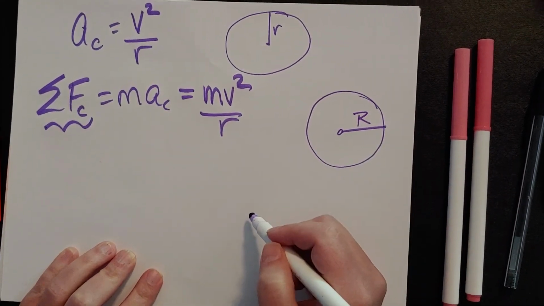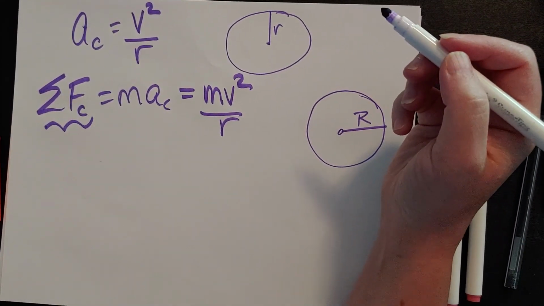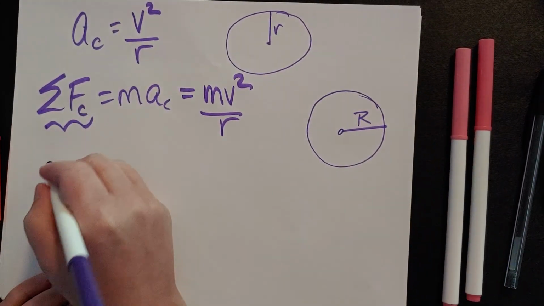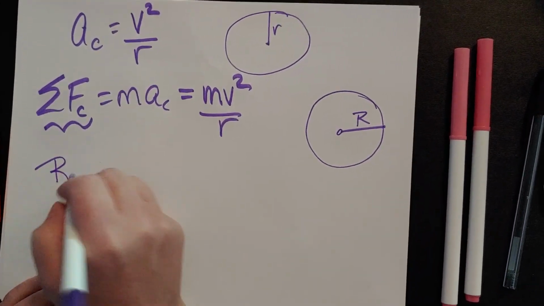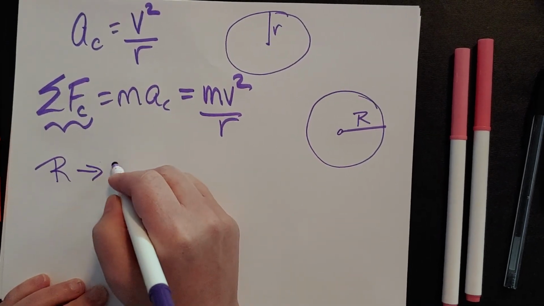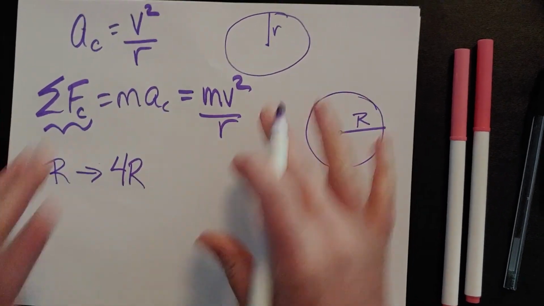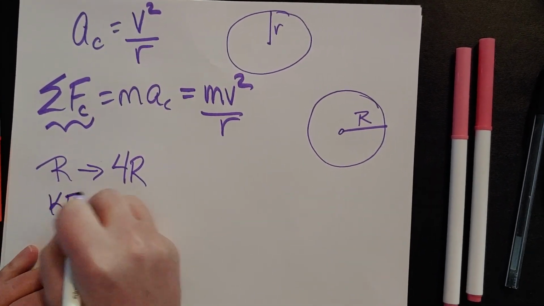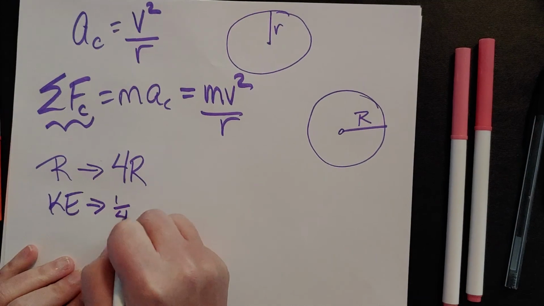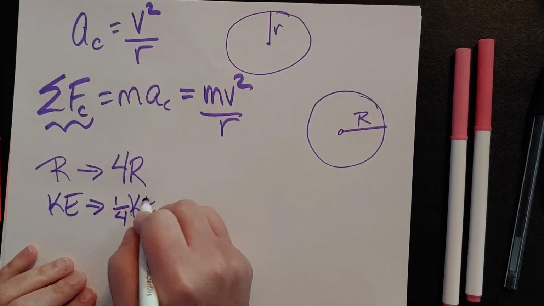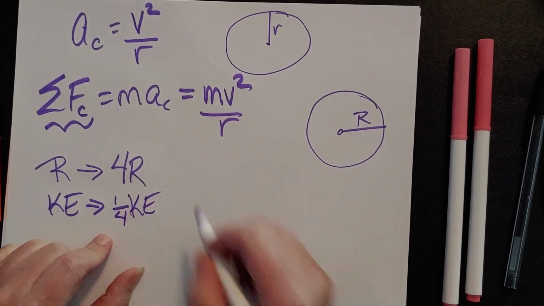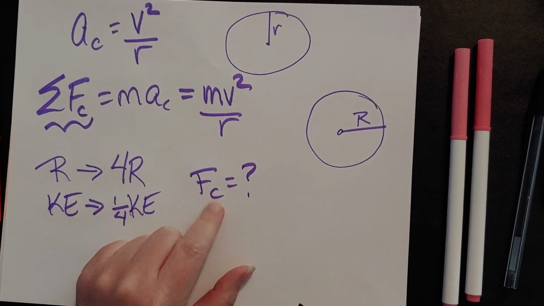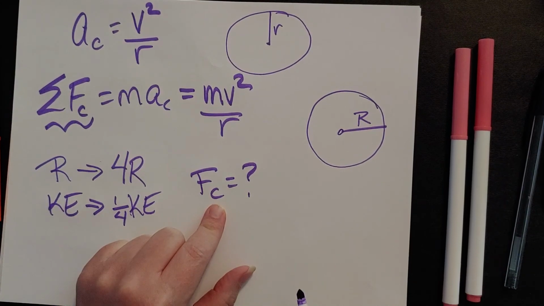And there was an interesting problem that I read about, it was a satellite, and it was at a certain orbital radius r, and it had a certain kinetic energy, right? So this is what they said, it moves to a bigger r, let's say 4r, so you made it go to a bigger orbital radius, and the kinetic energy was reduced by a quarter. And then they asked how the centripetal force changed.